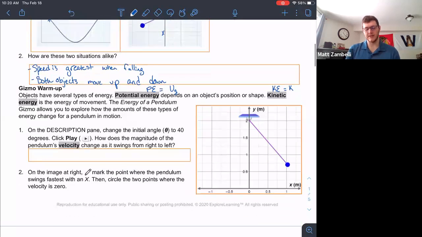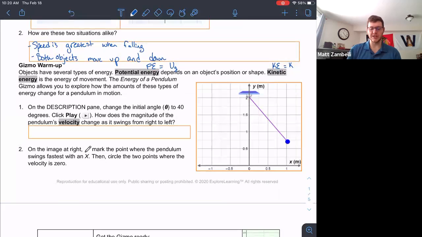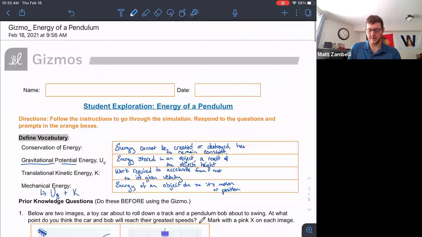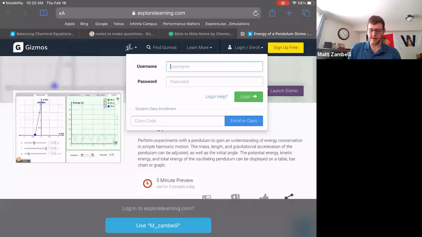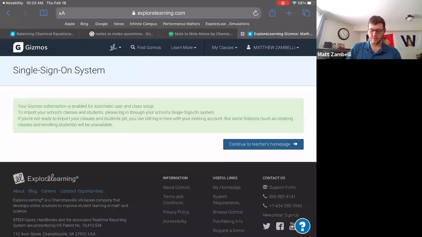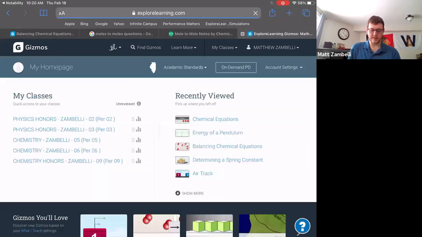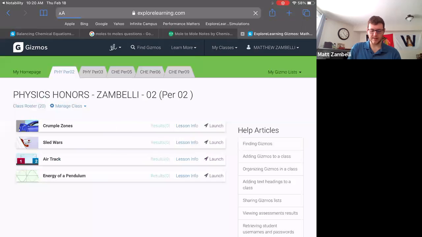So what you're going to do is work through and change all this information. If you go to the actual lab, open it up in Gizmo, and log in, yours will get to your class, which is right there for me.